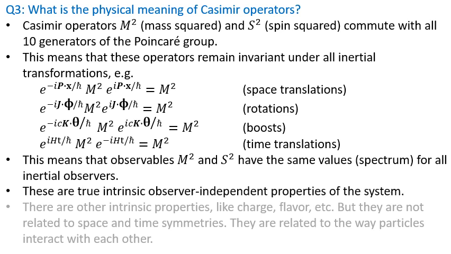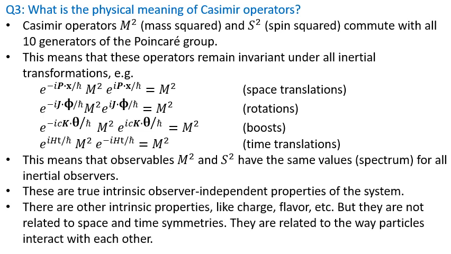In other words, mass and spin are true intrinsic observer-independent properties of physical systems. Later we will learn about other intrinsic properties like charge and flavor, but they are not related to space and time symmetries. They have to do with the way systems interact with each other.